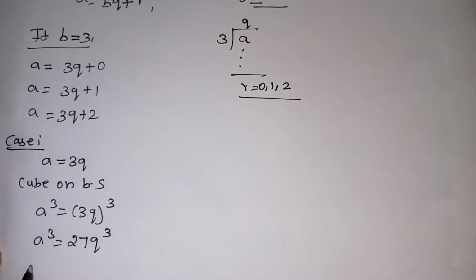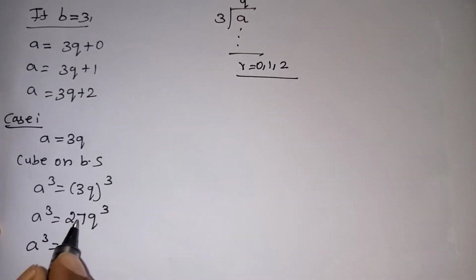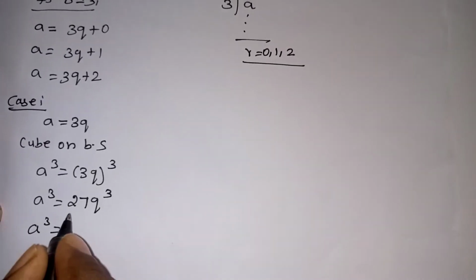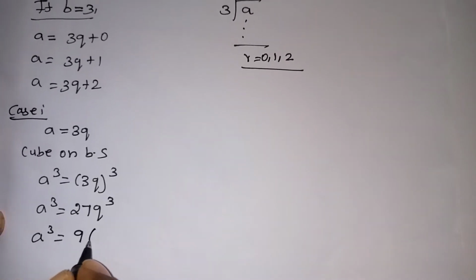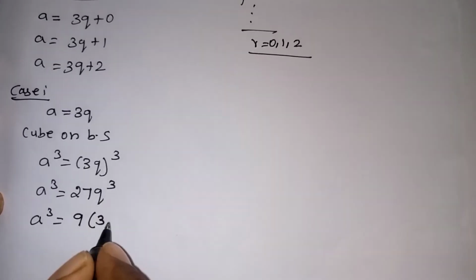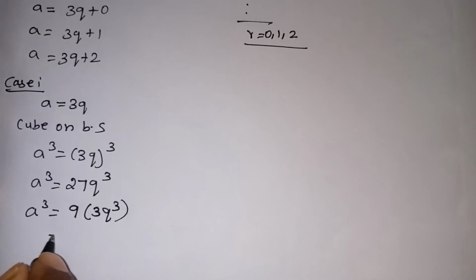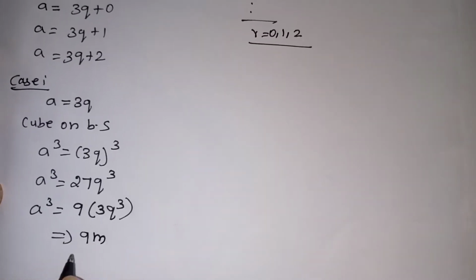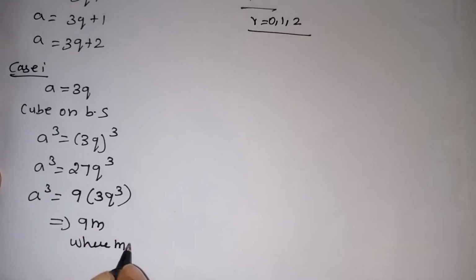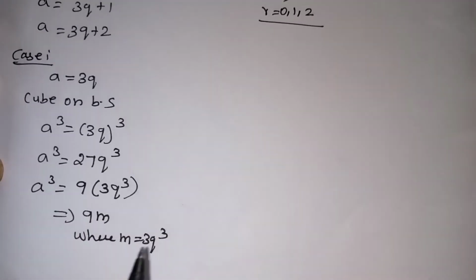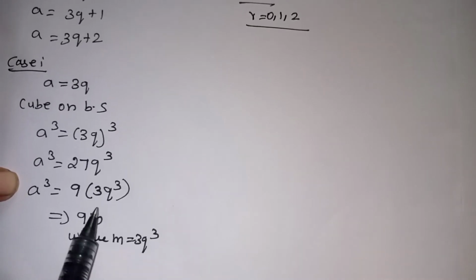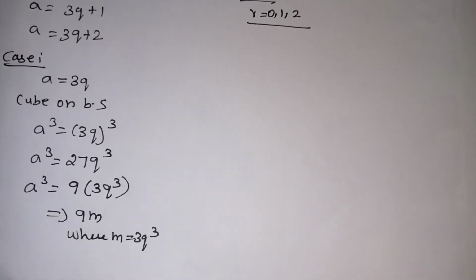I need to write it in the form 9m, 9m plus 1 or 9m plus 8. So I am going to split 27 as 9 into 3, because 27 can be written as 9 times 3. So this is in the form of 9m, where m is equal to 3q cubed. So my a cube is represented as 9 into some number, that number being 3q cubed. Like that we should write. So the first case is over.